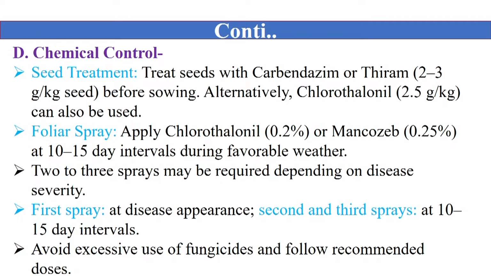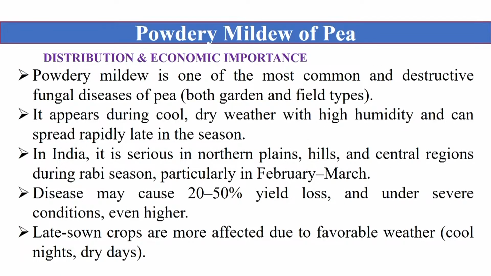First spray at the disease appearance, second and third spray at 10 to 15 days interval. You have to avoid excessive use of fungicide and use the recommended dose only. Dear learners, these are some management practices, that is IDM, for ascochyta blight of chickpea.